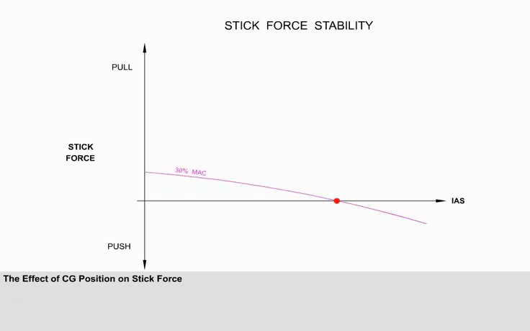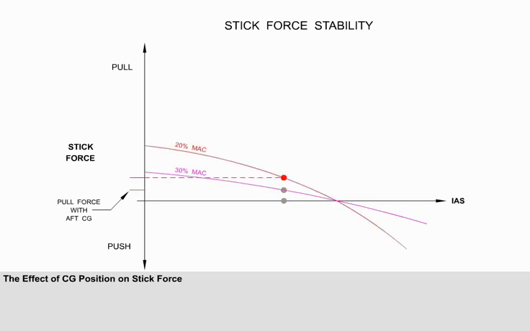We can now consider the effect of CG position on stick force. From our previous studies, we know that moving the CG forward increases longitudinal static stability. With the CG at 30% MAC, a speed reduction requires a small pull force.